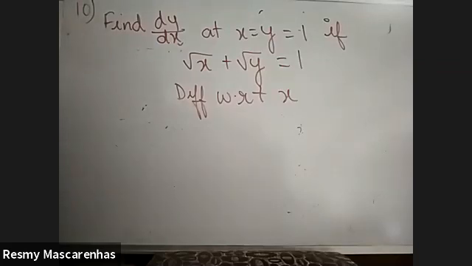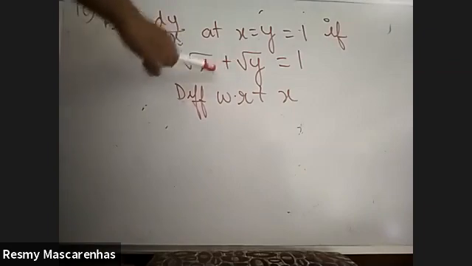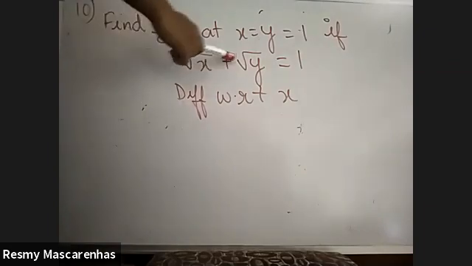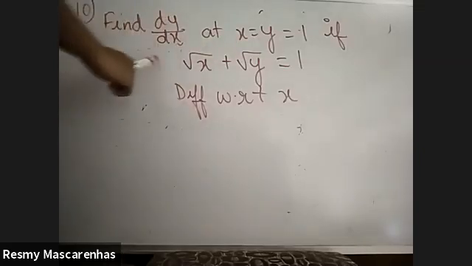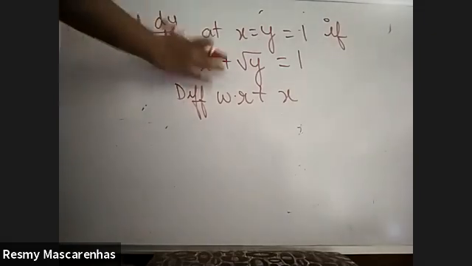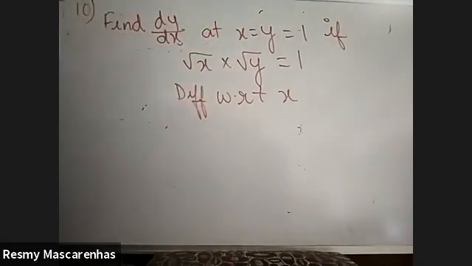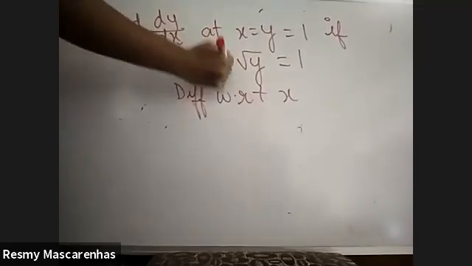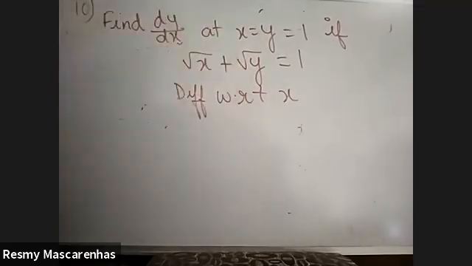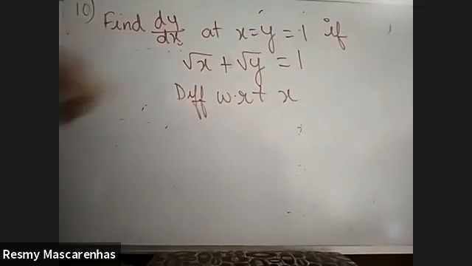Don't go to take log and all over here. Remember, whenever there is a plus sign, never go for log. And function raised to function is not there. So simply don't take log. Only if this was multiply, then you can take log. But whenever there's a plus, don't directly take log. I told you all, log of a plus b will not exist. Okay, so directly you differentiate.